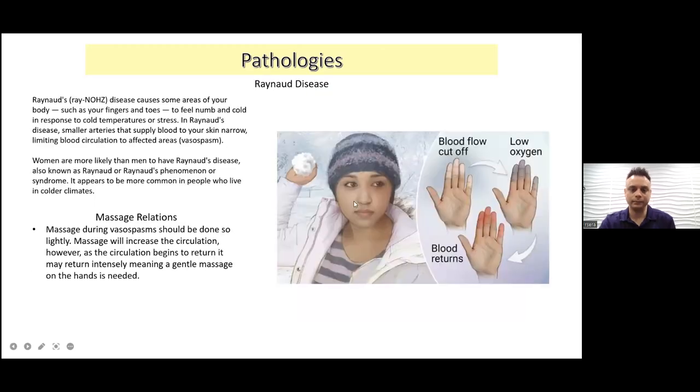Our next one here is Raynaud's disease, which is not a very common one to see down here in the South in Florida, just because it's always nice and hot and sometimes way too hot. But Raynaud's disease would be a little more prevalent in your northern states because what happens is that it's basically extreme reactions to cold, and it causes vasospasms usually in the extremities.